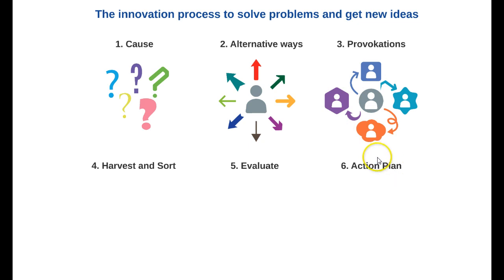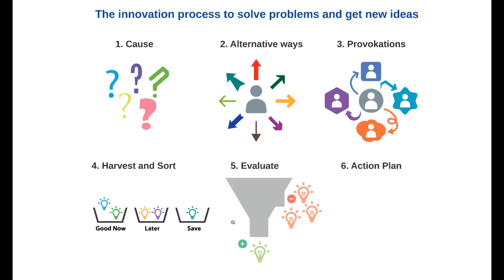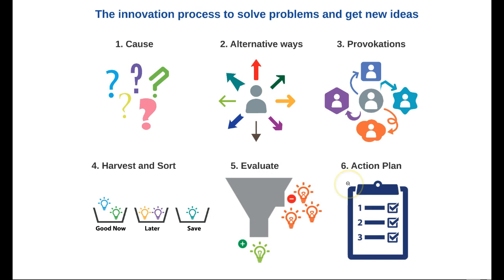After that, we go to the harvest and sort, where we harvest and sort the ideas and see which one is good now and later and which ones we save. Then the evaluation process, where we evaluate the ideas and get the really good ones so we can take them to the action plan and see how we process them further to make them a reality.